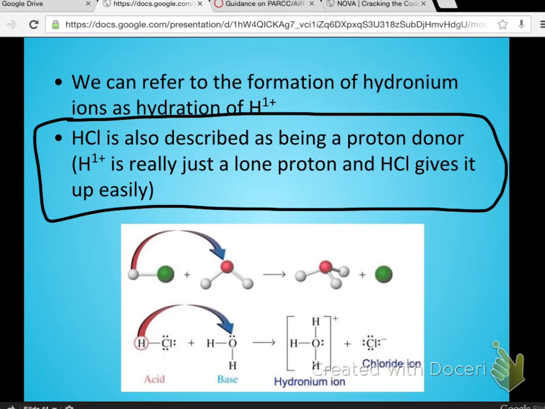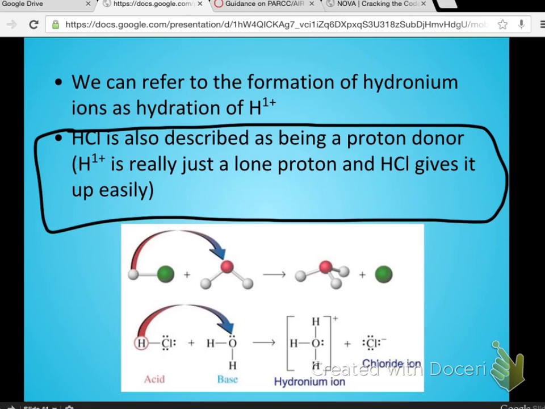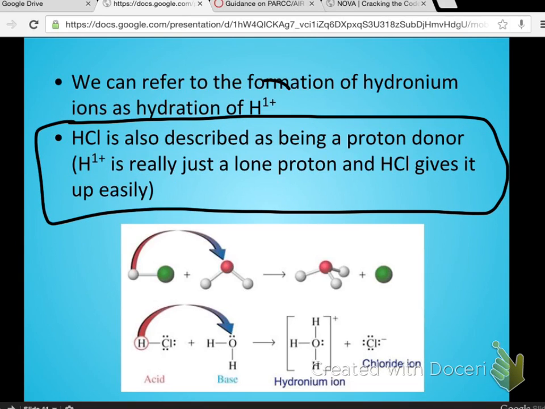Because hydrogen ions are basically, as I've said, just a naked proton. In one of the predominant acid-base theories, whatever donates a proton to something else is the acid. That's the Bronsted-Lowry definition of acids.